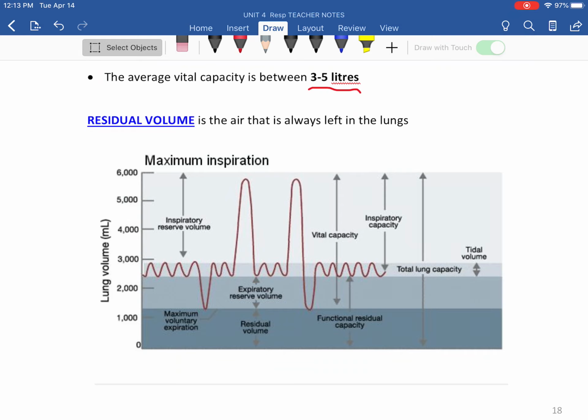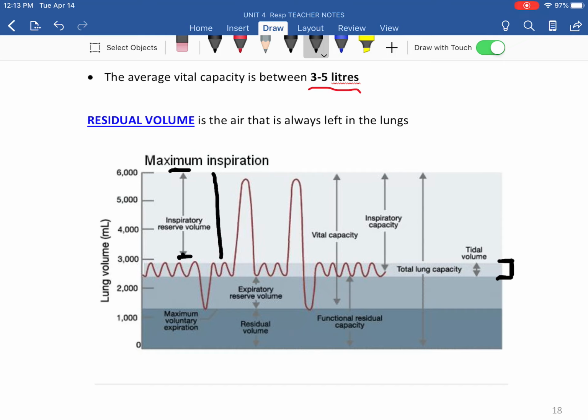Let's take a look at this graph here. Okay, so this small section right in here, that's your tidal volume. So again, in a normal restful breath, we're only inhaling and exhaling about 500 milliliters. This here is your inspiratory reserve.